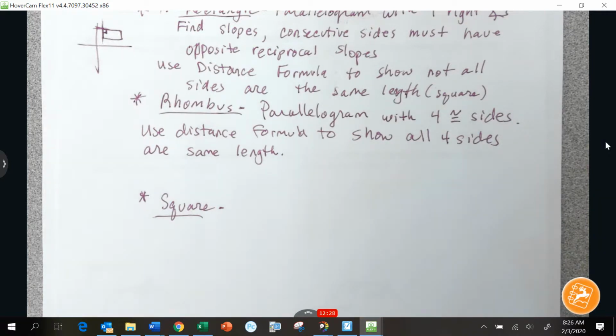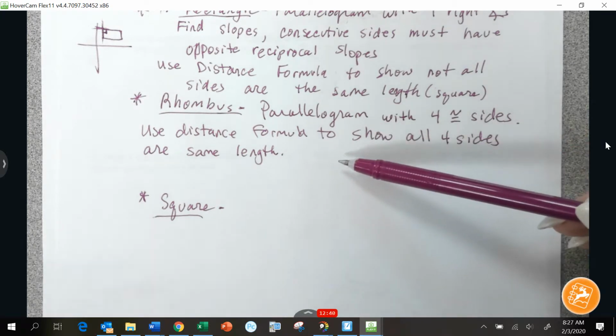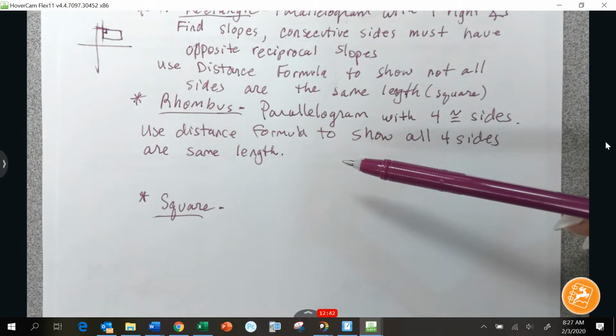Matthew, do you know? That's okay. You want to finish? How can I show that this is only a rhombus but not a square? So how do I show that?